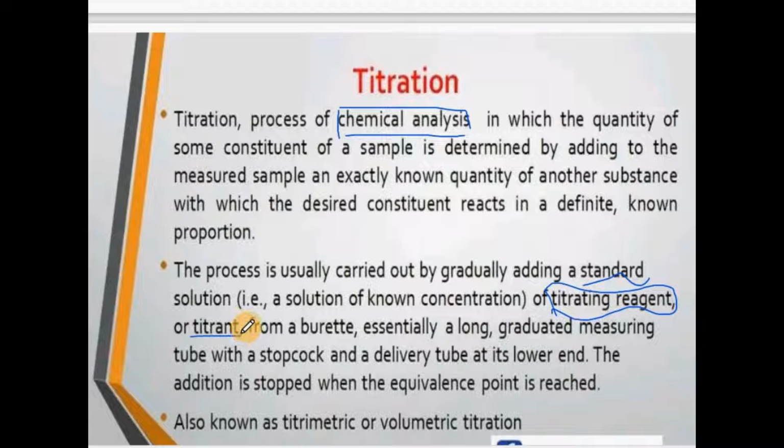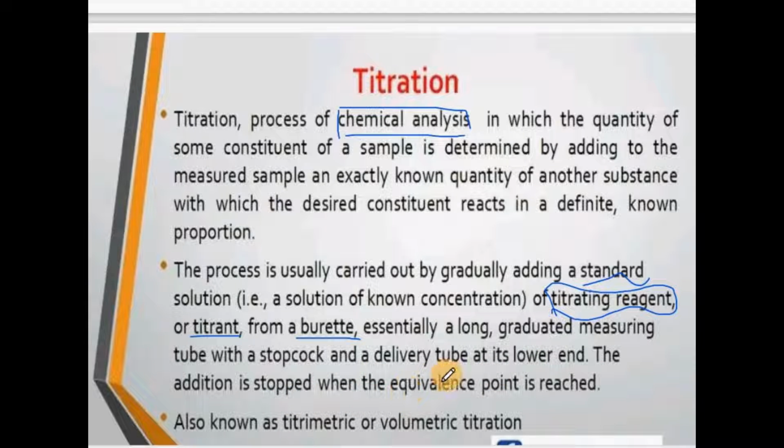titrant. These normally run from a burette, as we showed in the previous slide. That is just a long graduated cylinder with a stopcock at the tip that delivers the sample to a receiving flask. That is very simple. So the addition is stopped when the equivalence point is reached.